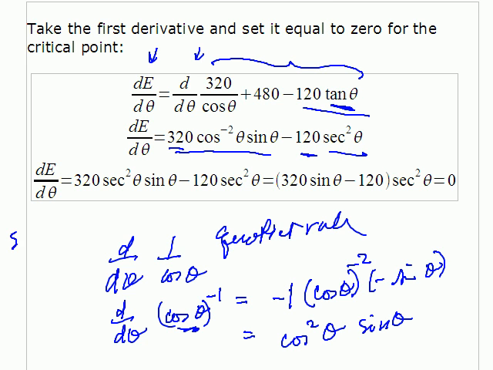Remember that secant theta is 1 over cosine theta. So I have 1 over cosine squared theta is secant squared theta, so this term is really secant squared theta. I factor out the secant squared theta, and I'm left with 320 sine theta minus 120 times the secant squared of theta, and I want that to be 0 for the critical point.